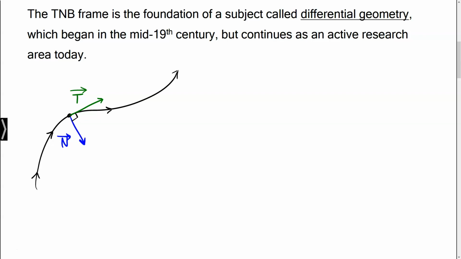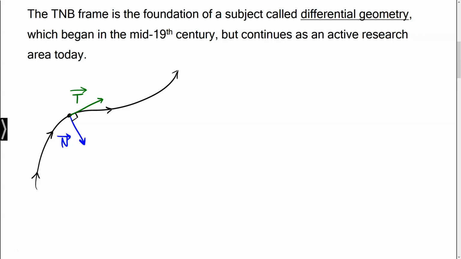Now this would be a perfectly good TNB for a 2-dimensional plane curve. You'd have to use the right-hand rule, and since we're going clockwise from T to N, the binormal would be pointing away from us, right? If you remember the right-hand rule.